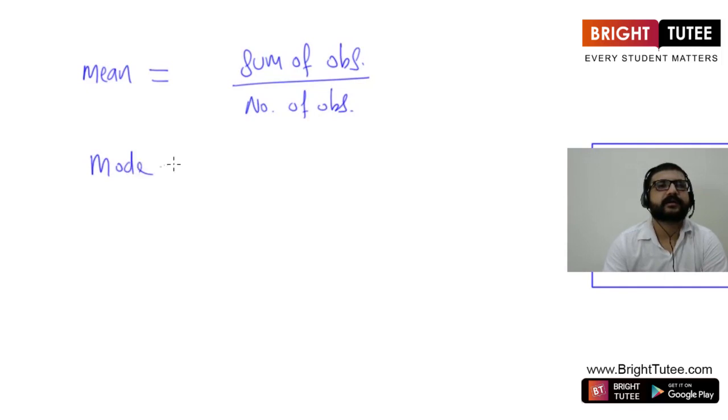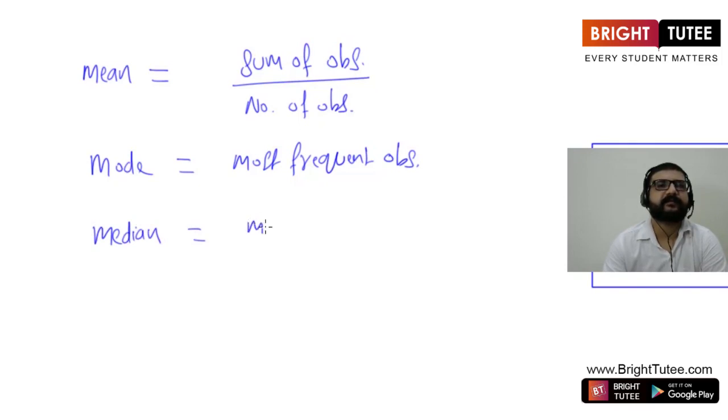Mode was most frequent observation. And we have seen questions based on median also. Median is the middle value when the data is arranged in ascending or descending order. We can write it as middle value or middle observation.